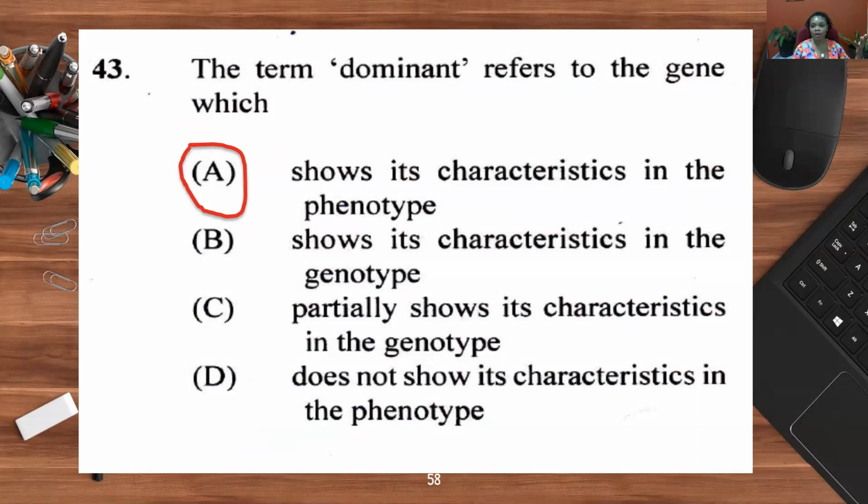For example, a person may be black but have a recessive allele, so they have big B and little b, but their appearance would be black, black being the dominant gene.